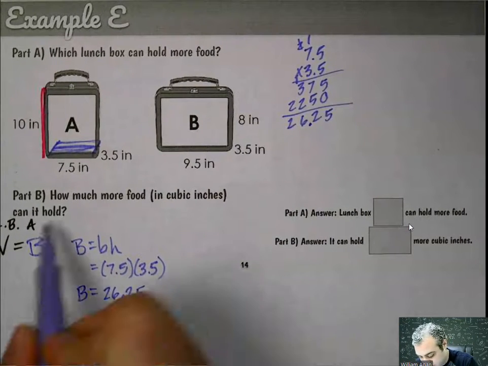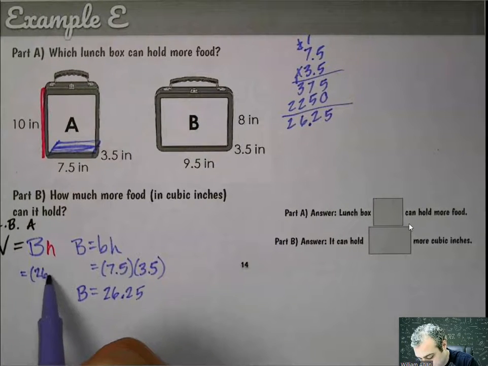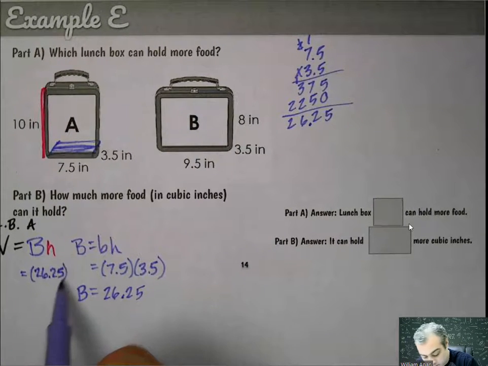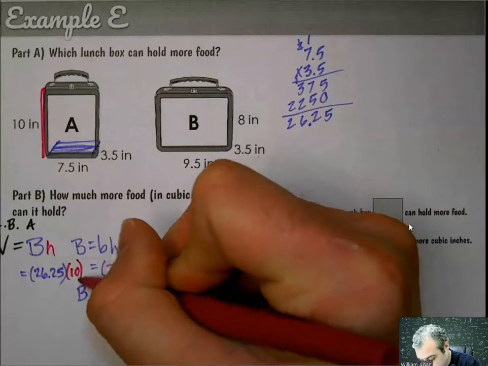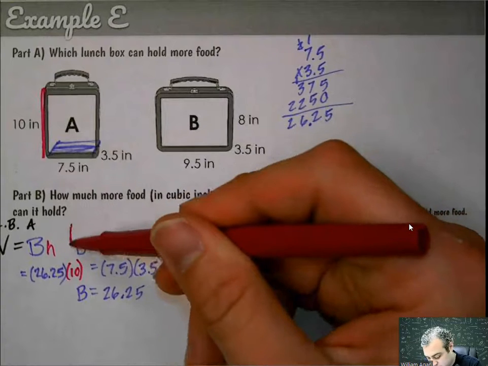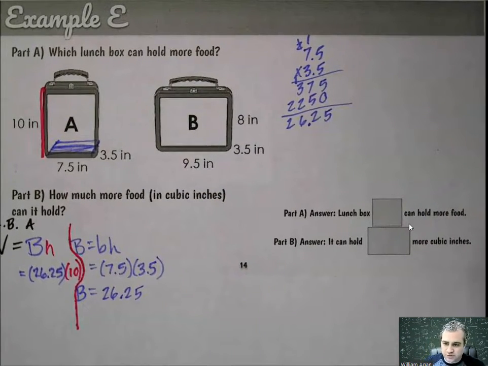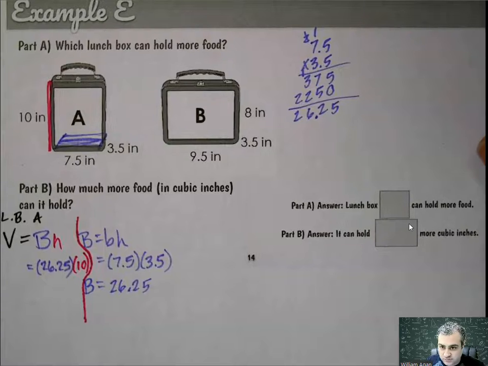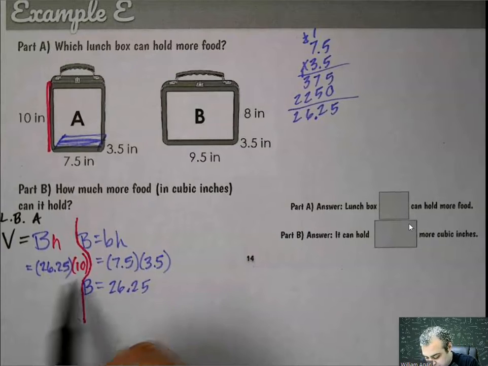Now that big B is going to come right over here. And the height is 10. So now, I'm sorry guys, I wish I'd made this a little bit more neat and organized. I know I'm always asking y'all. Alright, so now I have 26.25 times 10.